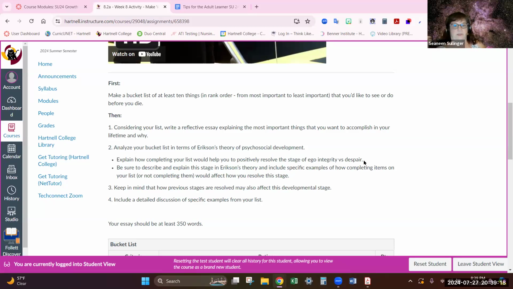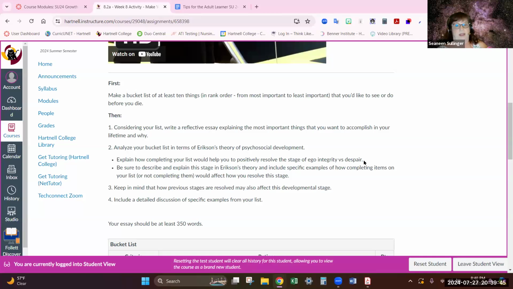Be sure to describe and explain the stage in Erikson's theory. So define ego integrity versus despair, and include specific examples of how completing items on your list, or not completing them, would affect how you resolve this stage. So if I'm going to have my ego integrity intact and not feel despair, probably I would have wanted to accomplish generativity as well.